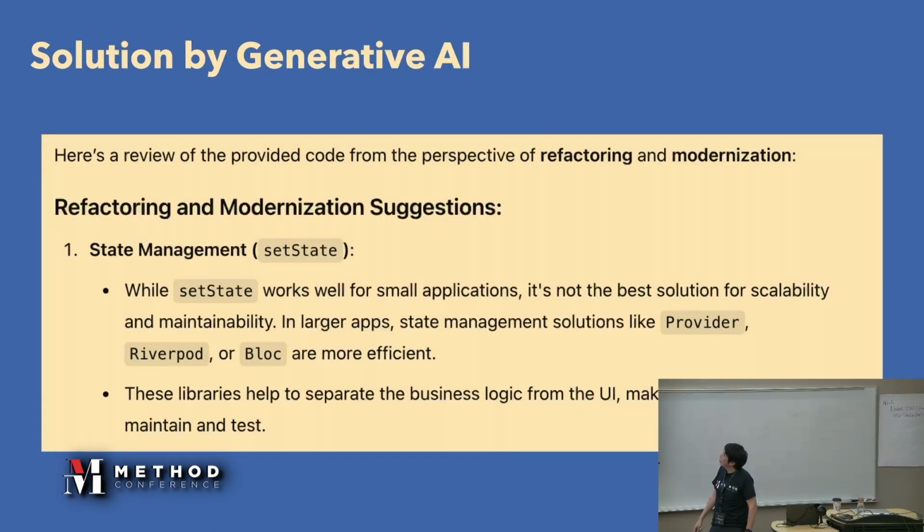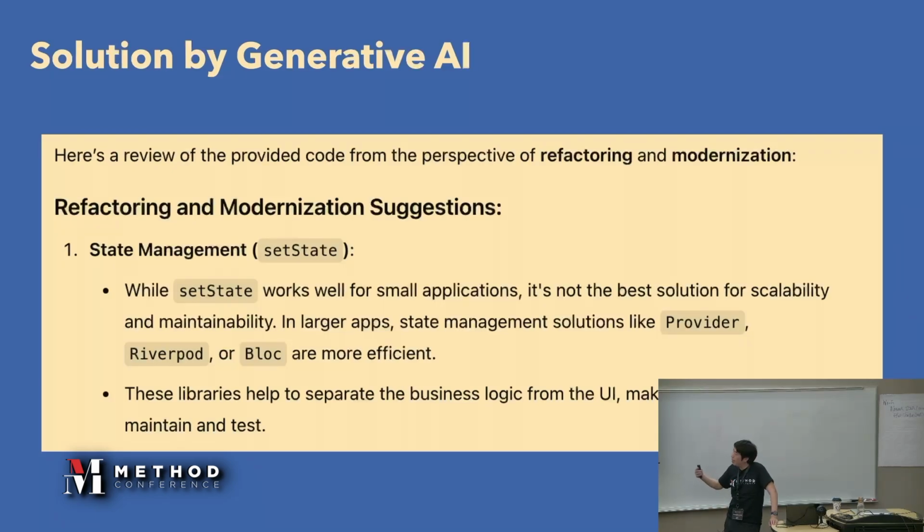It's because in the Flutter world, there are so many state management frameworks. Using setState is very simple, but it's a very legacy approach. So to provide better state management, we have to use some other packages instead of default setState management.